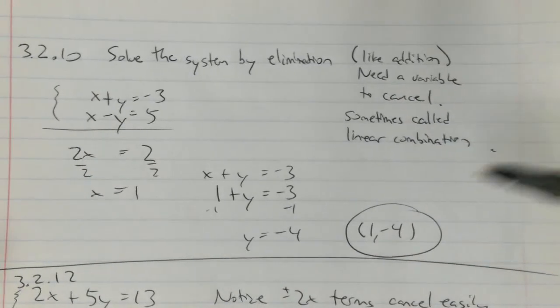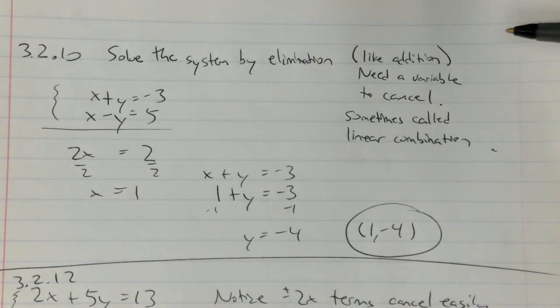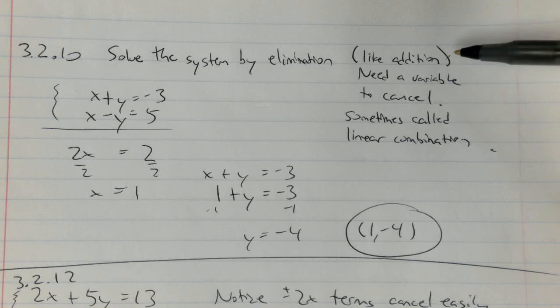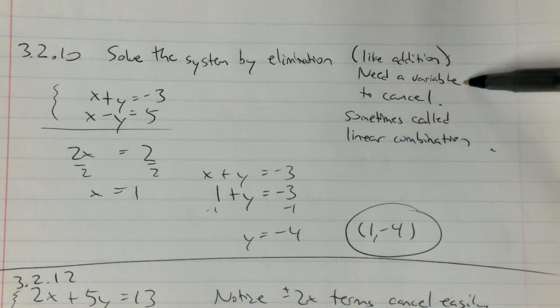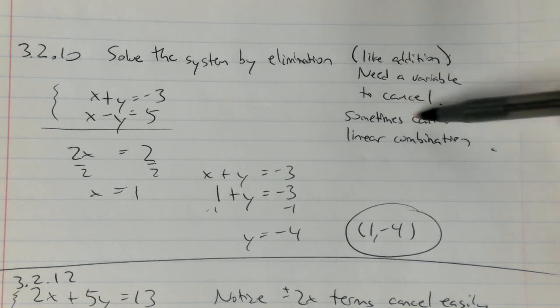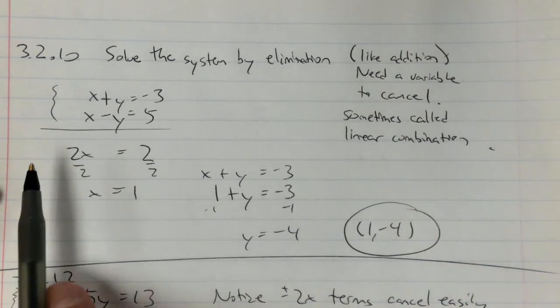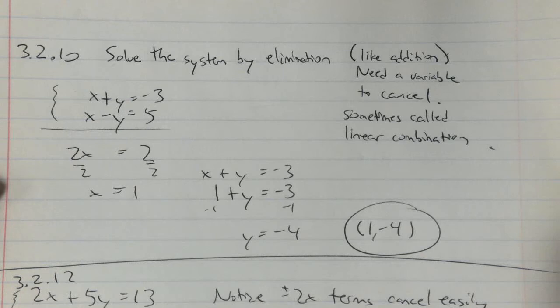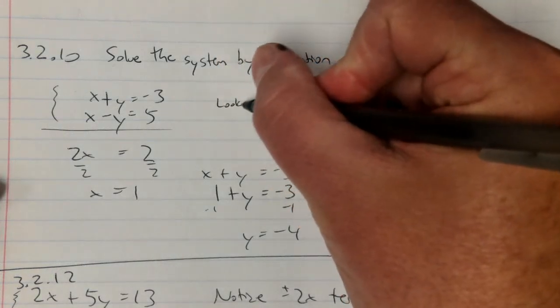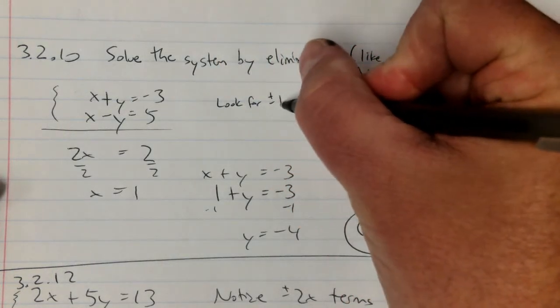All right. Our next one says solve by elimination. Now this is like addition. Basically you need a variable to cancel, and sometimes it's called linear combination. So look for a plus and minus term.